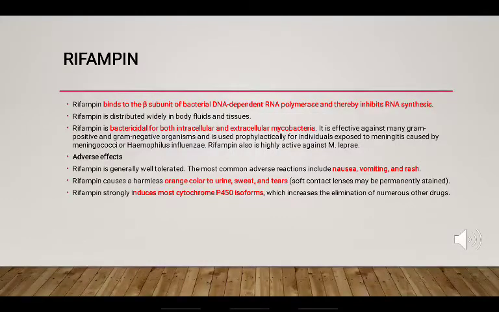So it's very important to always remember and to put in your mind that rifampicin is an enzyme inducer. Okay, so it increases the elimination of many other drugs.